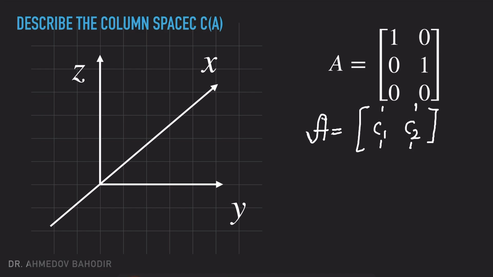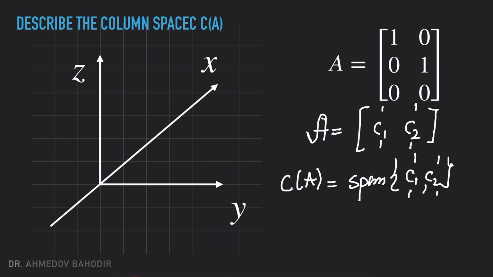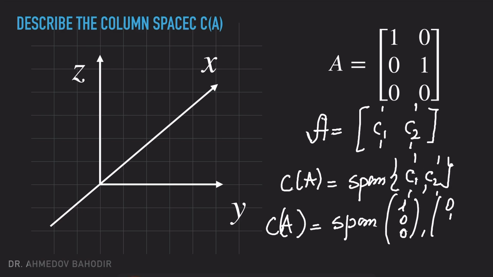If you remember, the column space of the matrix A is the span of these two columns, C1 and C2. I'm going to put these vertical lines to show that they are vectors. Now, if you define the column space for this matrix, it's going to be all possible linear combinations of these two vectors, essentially 1, 0, 0 and 0, 1, 0, right?